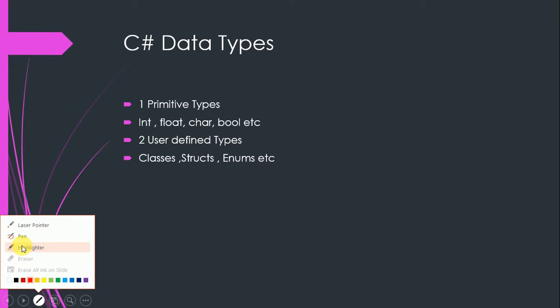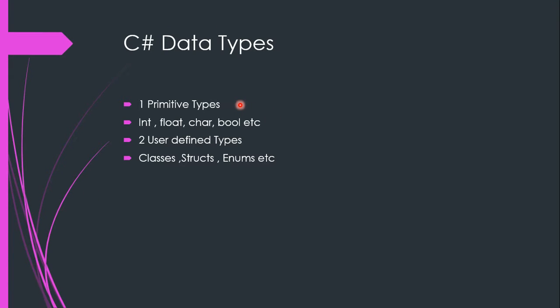Now, there are two types of data in C#.NET. The first is primitive data types. And what is a primitive data type?